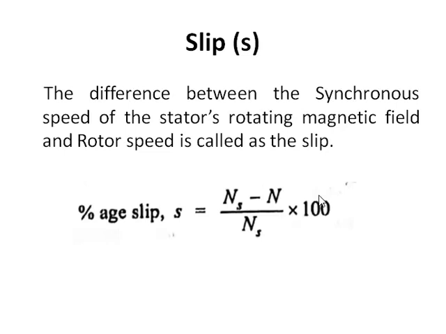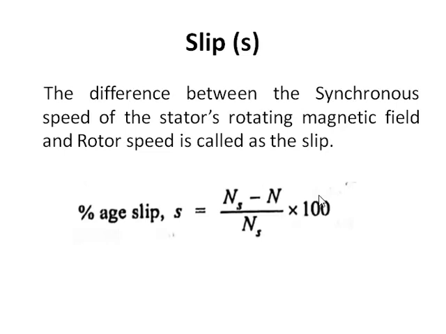This is again explained by Lenz's law: it is trying to oppose the cause which is producing the current inside the conductors, and that cause is the rotating magnetic field. So it will try to rotate in the same direction. And what would be the ideal condition when it completely opposes the cause which is producing it?